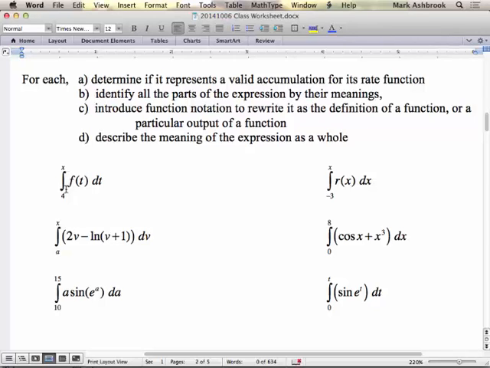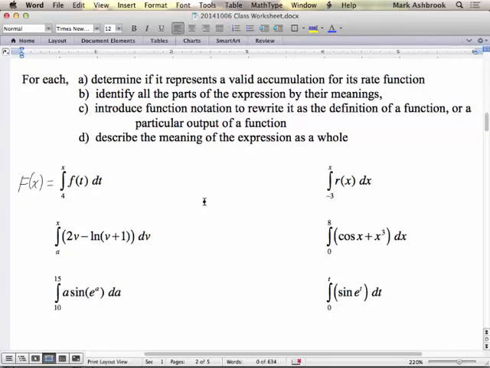What does the integral sign mean? Sum. Sum up a bunch of super small bits of accumulation, starting at, ending at. So it's a function of where you end. Let's use function notation, capital F of x.